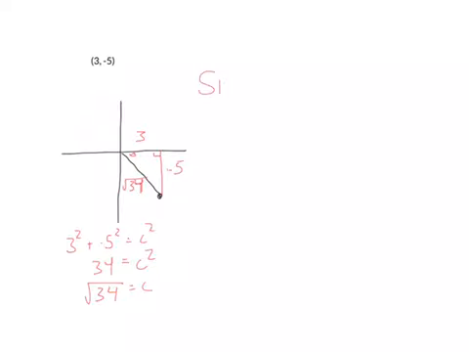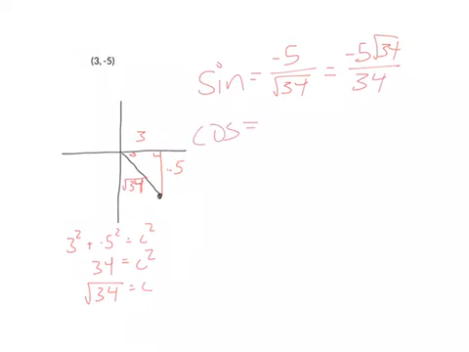So our sine ratio is going to be -5 over root 34. And if we rationalize that, we're multiplying both the top and bottom by root 34 to cancel out the square root in the denominator. So that's -5 root 34 over 34.